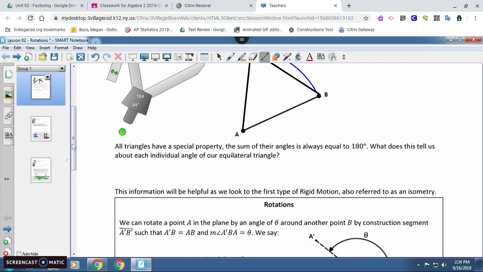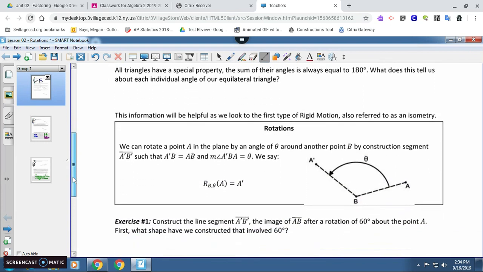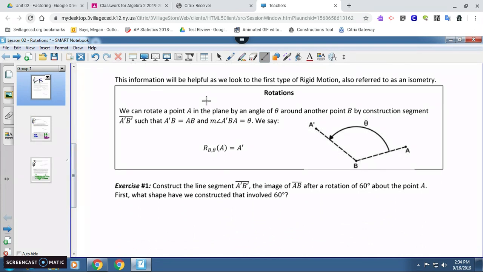We want that because 60 degrees is an important angle within geometry. We're going to see that as we try to rotate our images today. So we talked about rotation in class. It's a type of transformation that preserves length and angle measure. We're going to start by looking at a segment A prime B prime, which is the image of AB after the rotation of 60 degrees around the point A. So we know that 60 degrees is closely related to the equilateral triangle.